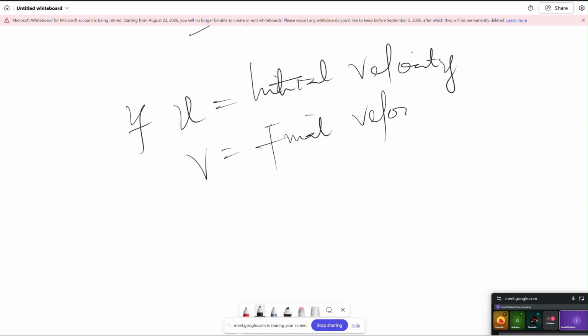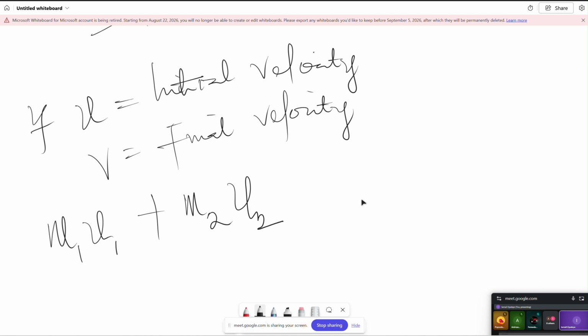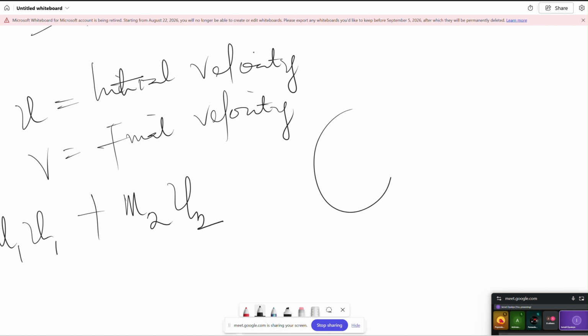So that equation can be M1 U1 plus M2 U2. Those are all the initials.